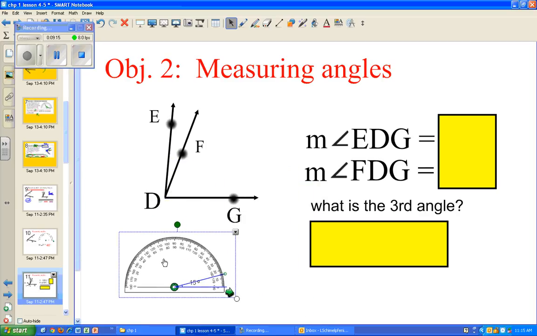What's the third angle in the picture and its measurement? Okay, and hit the pause button, do it, and then hit the play button after you've done so. And you can either do this again in Notability, or if it's not working for you to do it in Notability on your screen, come up and I have some hard copies printed out on my desk.